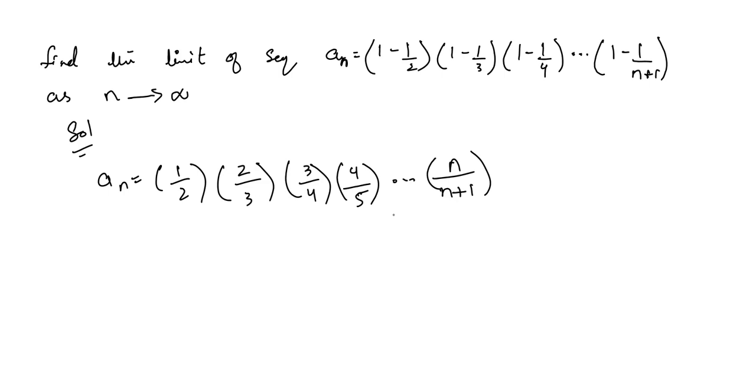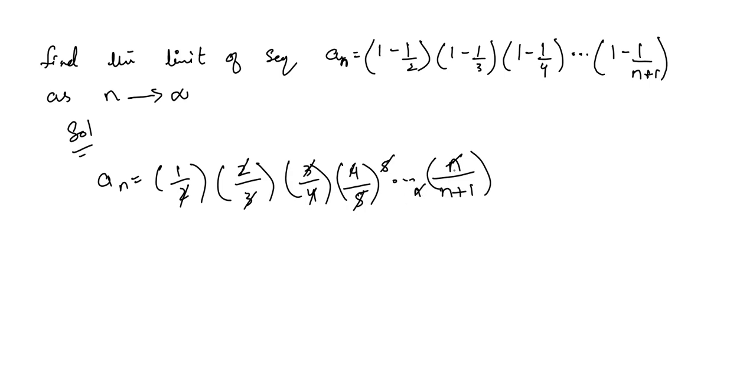Now the reason it is called the telescopic sequence is that you can observe that this 2 in the denominator can be cancelled out with the 2 in the numerator in the very next term, and this 3 in the denominator can be cancelled out with the 3 in the very next term. 4 with 4, and 5, surely there would be a 5 over here, and this n will be cancelled out with the previous term, the n minus 1 term.